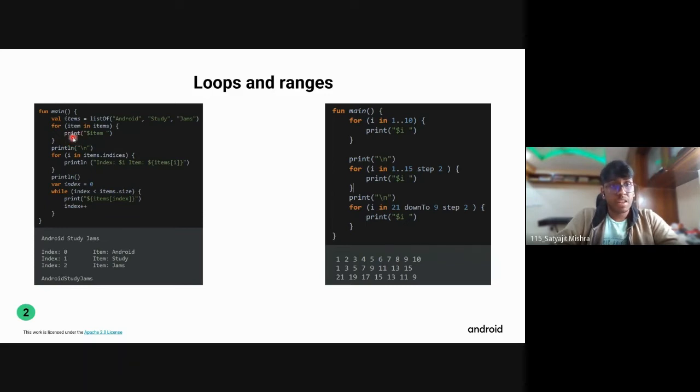That means each element in the list items will be stored in item and iterated automatically. So my item variable will have the iterated element of the list, and I can directly print it. If I print the value of item every time in the for loop, then as you can see, the first line of output prints 100 study jams.